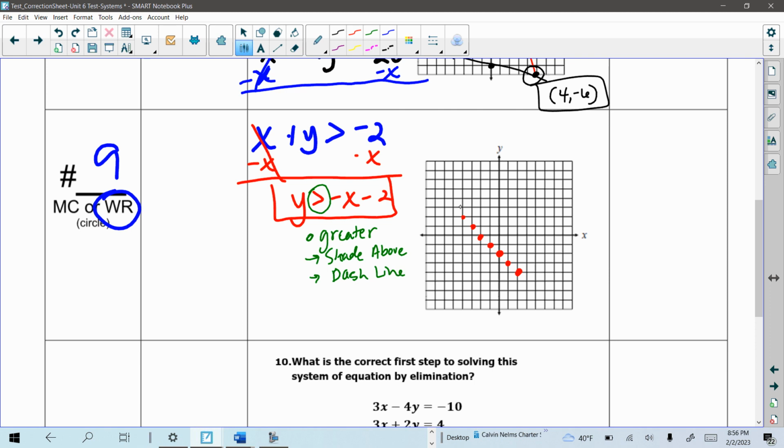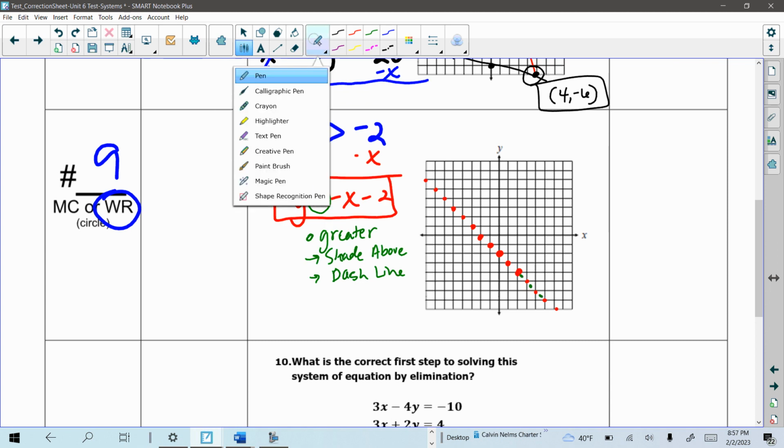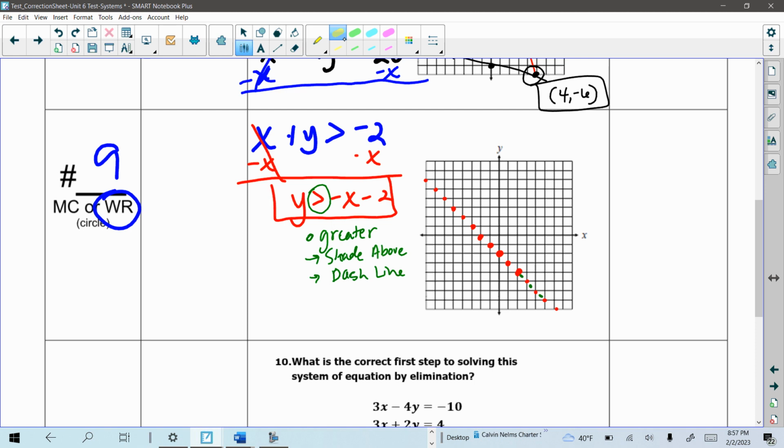So some people kept the dots because they saw it as a dotted or dashed line, and that's fine. If you want to put little dashes in between, you can. I was not requiring that, but what had to happen was the shading had to happen above this line. Above this area would be here to the right.